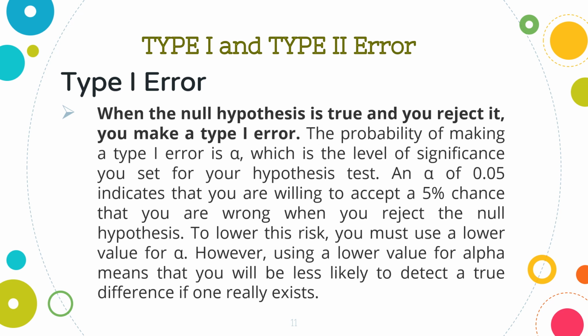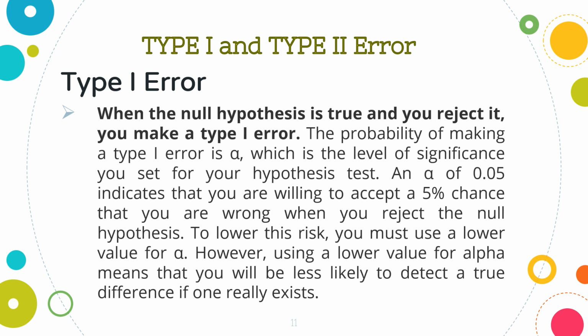So the probability of making a type 1 error is alpha, okay, which is the level of significance you set for your hypothesis test. An alpha of 0.05 level of significance indicates that you are willing to accept a 5% chance that you are wrong when you reject the null hypothesis.